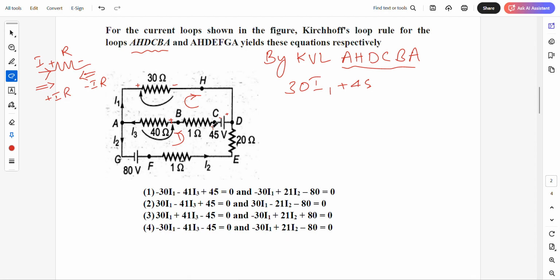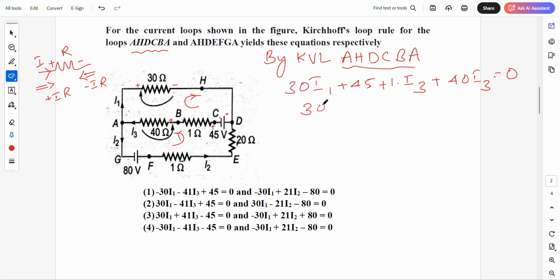If I move further, plus 1 into I3. 1 is the resistor, 1 into I3 is the drop. If I move further, plus 40 I3, because current is entering from here. So plus 40 I3 is equal to 0.